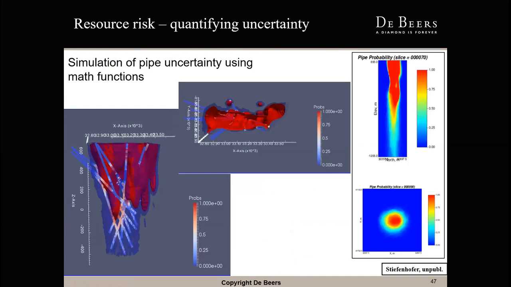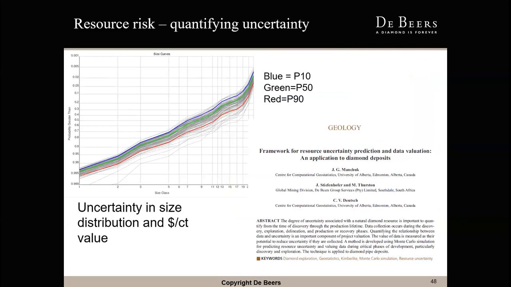Then, of course, probabilistic methods can also be used to simulate your actual pipe volume, and then also plan your drilling according to a maximum reduction on variance that you can get from these sorts of exercises. Similar types of techniques, so stochastic uncertainty principles, etc., can be applied to your diamond size distributions and valuations. There's been some work done on that and published that you can go and have a look at.